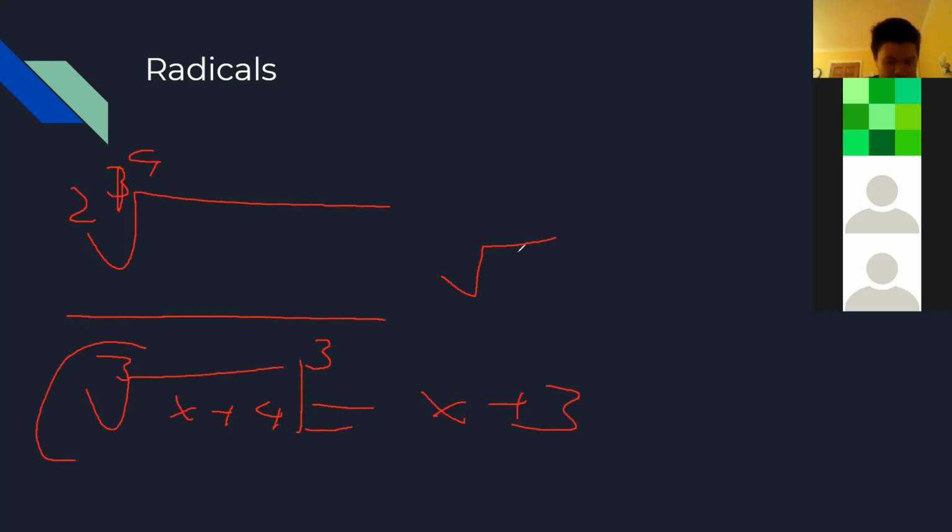So like x squared plus 9 equals 2x minus 3. If you square this, it turns into a quadratic. Does anyone have any questions on that? If not, I'll move on.